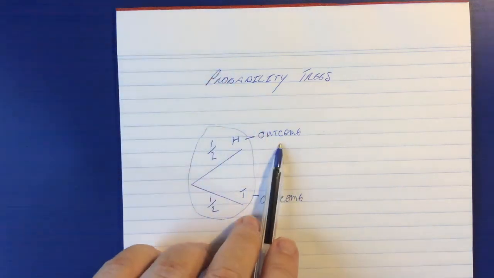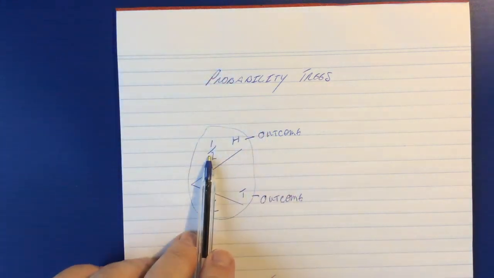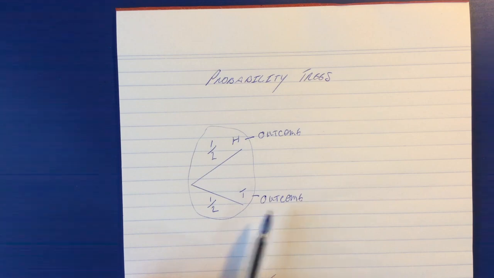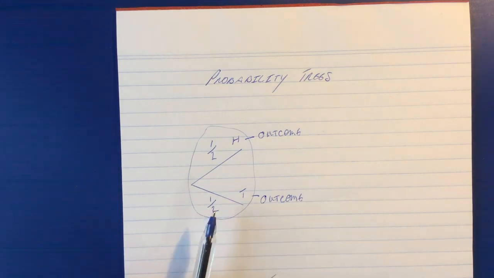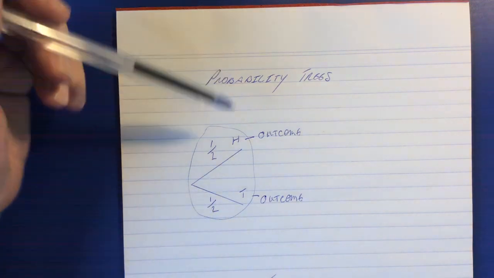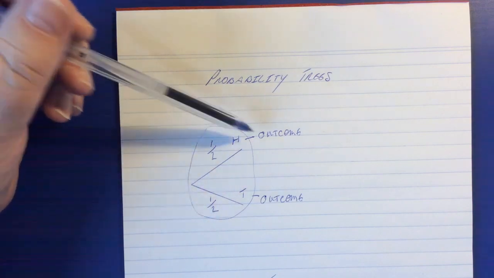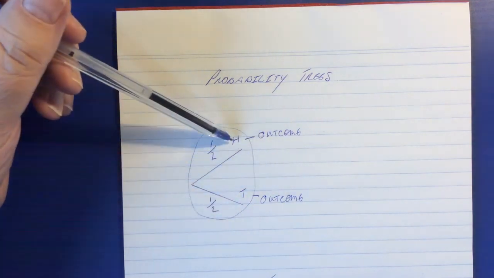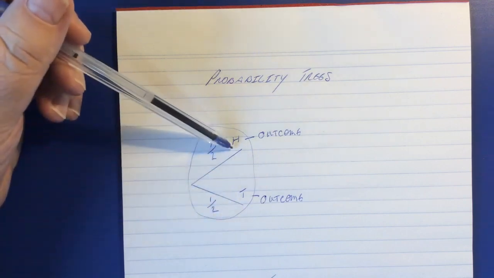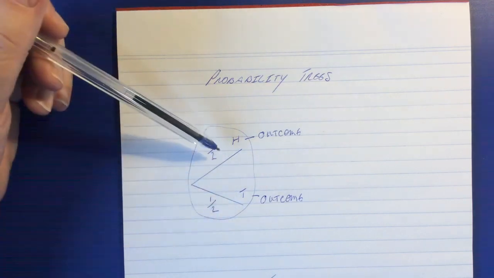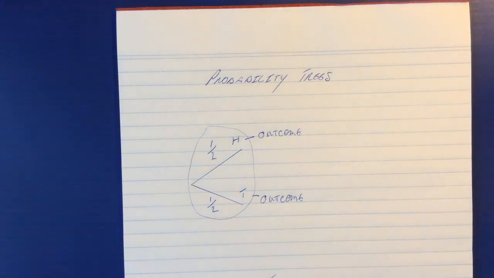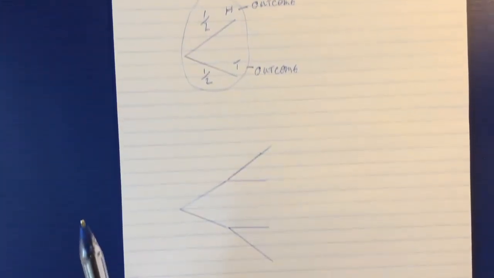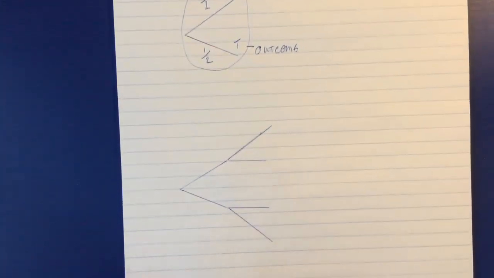And the probability of that outcome is 0.5 or 1/2. The probability of this outcome is 0.5 or 1/2. And so that is how this is drawn. And what this records is the event of tossing a coin. Two possible outcomes.